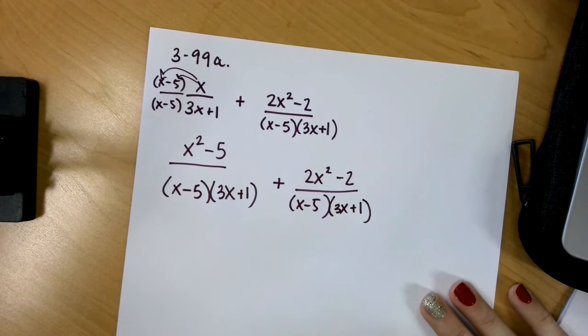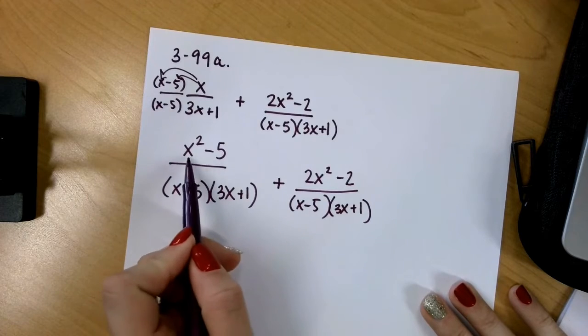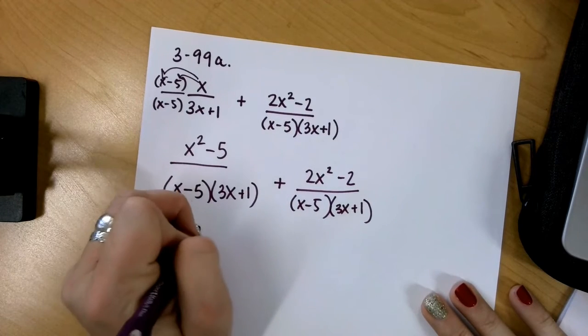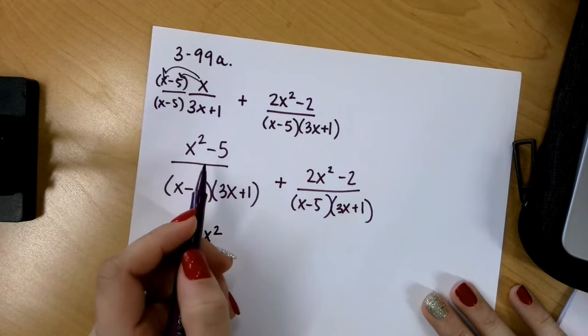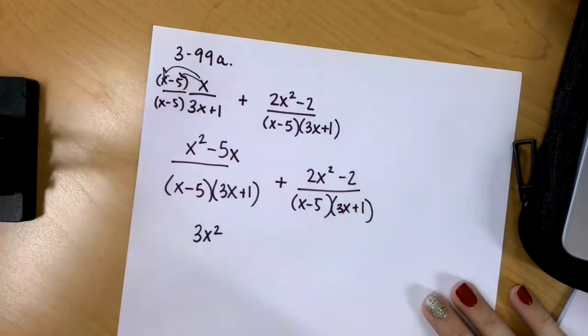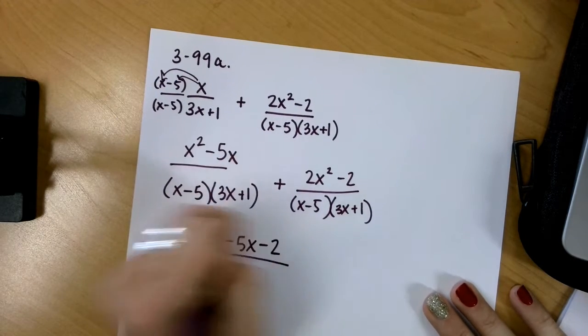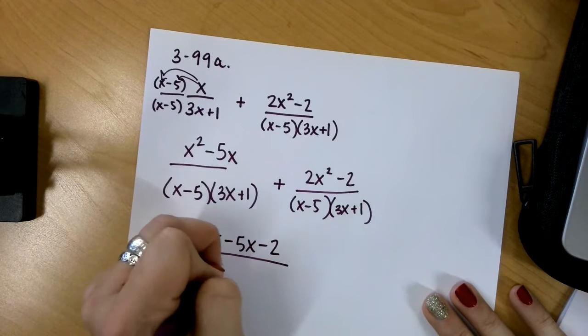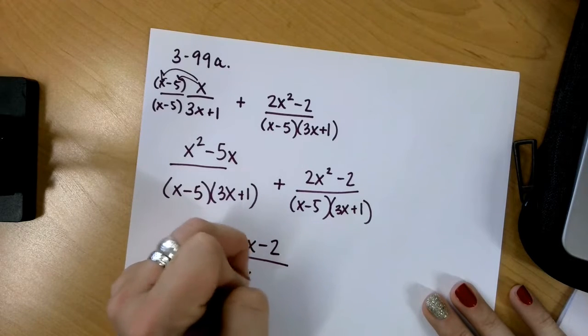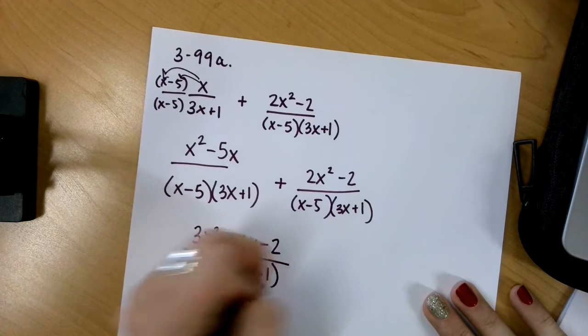So now that I have common denominators, I can combine like terms. So I have x squared plus 2x squared gives me 3x squared. This was supposed to be a 5x. So then I have minus 5x minus 2 all over x minus 5 times 3x plus 1.